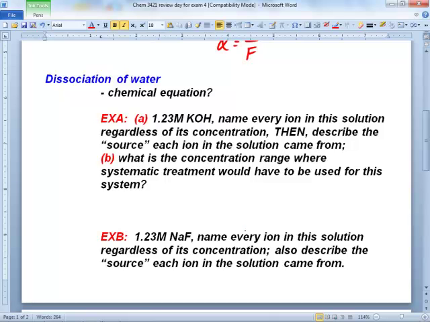Yeah, Kw, but what's the reaction? When water actually breaks up, to what? Yeah. Water breaks up into H plus, and I need to have a water over here, right? That's our dissociation reaction. It happens naturally.